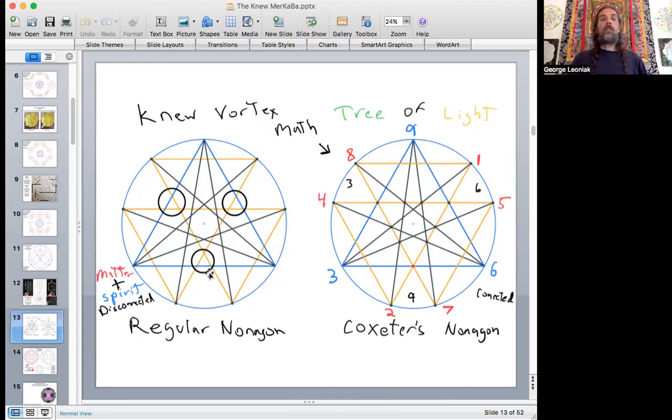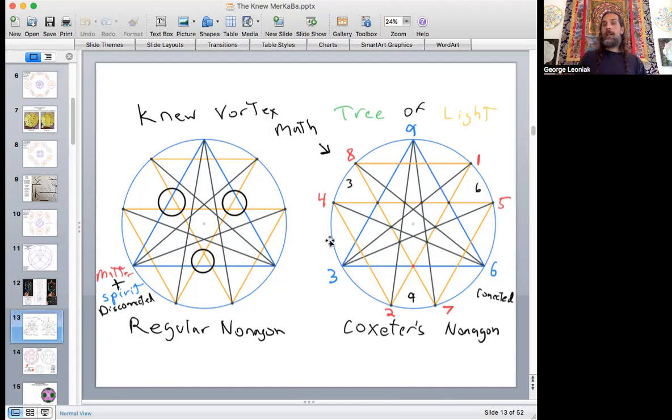This nonagon, as you can see, circled in black, leaves these huge gaps between the blue triangle and the doubling sequence. So to me, that's a symbol of the matter sequence of the doubling, disconnected from the spirit triangle.